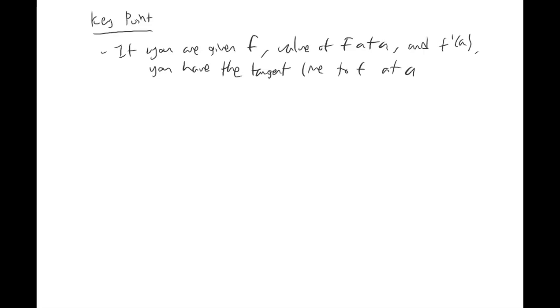Let me ask you a question. Forget the word tangent. To get any equation of a line, what information do I need? I would need a point and what else?